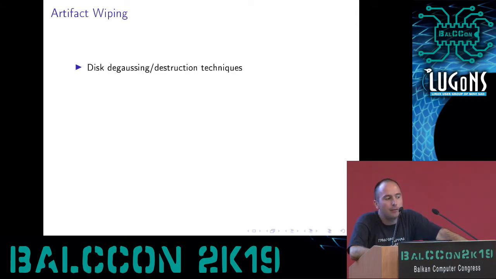The second group of anti-forensic techniques is called artifact wiping. So we are basically erasing the data. How can we erase the data? So probably the safest thing to do would be to physically destroy the disk. But we can also use special tools that wipe your data.